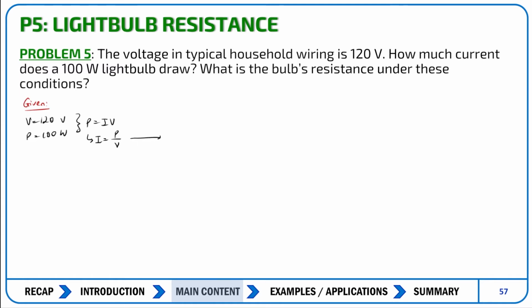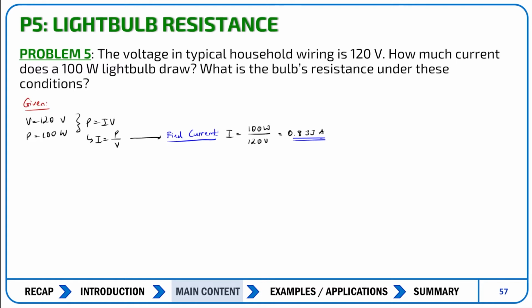So how much current does the light bulb draw? We can use this to find the current. That's I equals 100 watts over 120 volts, which is then going to be 0.833 amps.